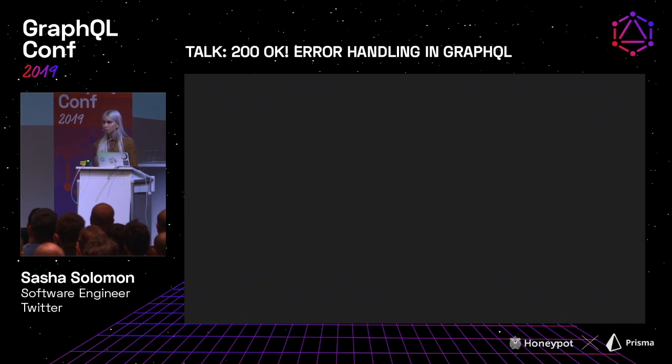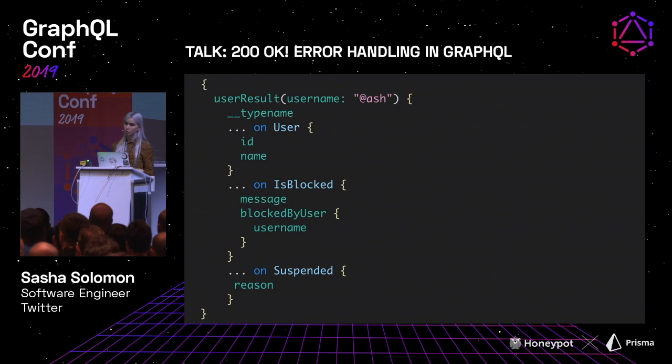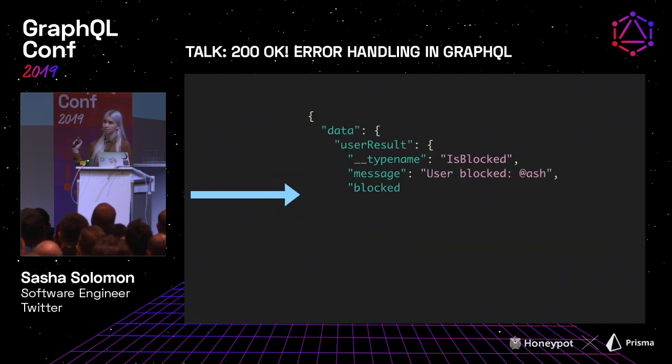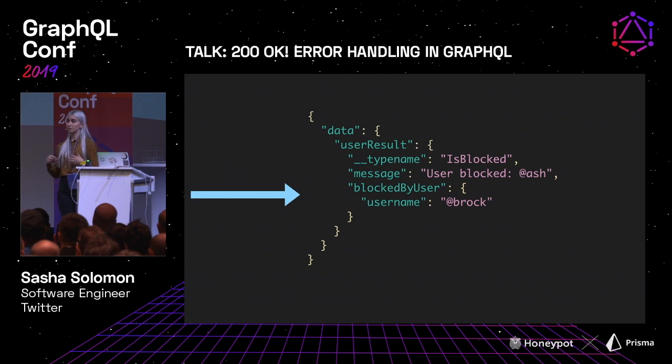But we're talking about errors and results here. So let's make another GraphQL query, the same query, but let's see what happens if maybe we don't get the user back, if they're in a different state, if something different happened. So again, make the same query. And then we get back maybe something like this. Now we still have a user result, but as we can see, the type name is blocked.